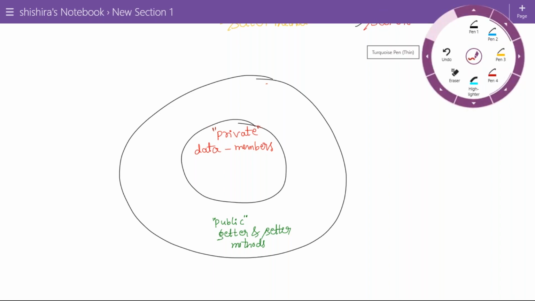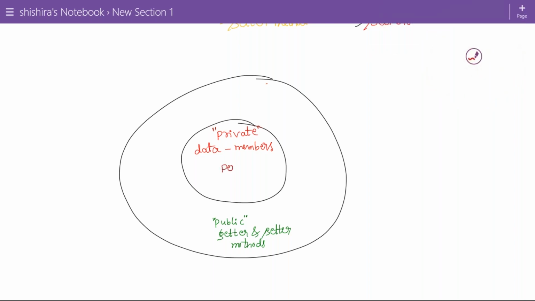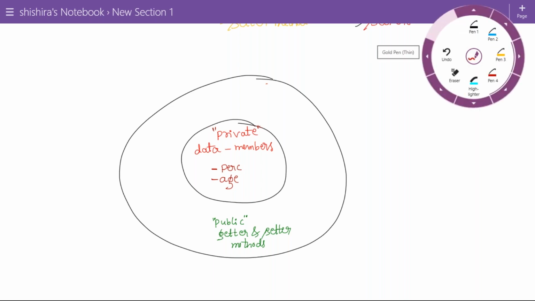A simple example is just like this. I make the private data members, like percentage and age. Private is represented by a minus. Similarly, I need to have public getter and setter methods.